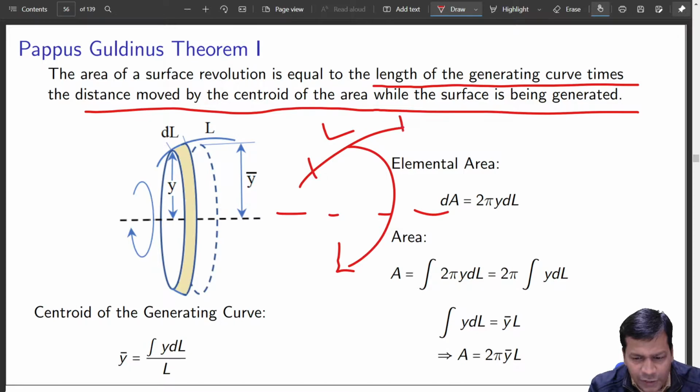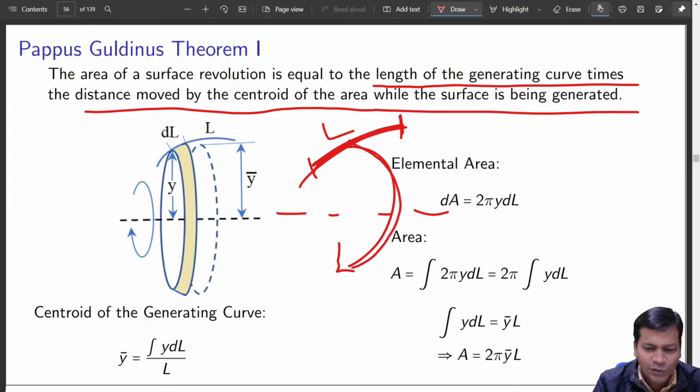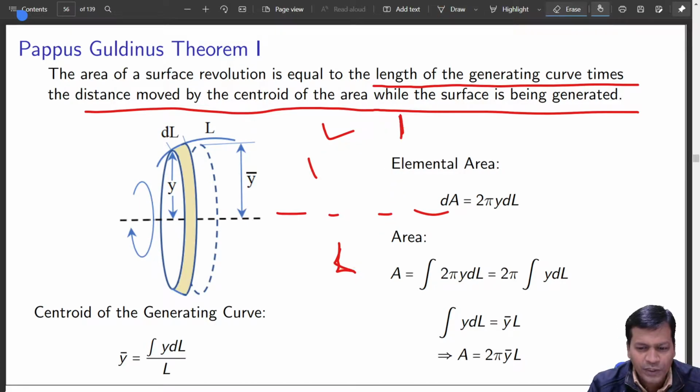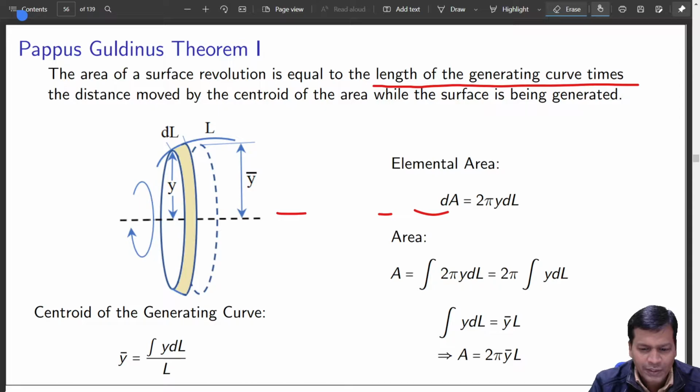The centroid of this small piece, which has rotated, times the distance traveled by the centroid while it was rotated. Got it? So that is what it says. Can we prove this also? Let us see.